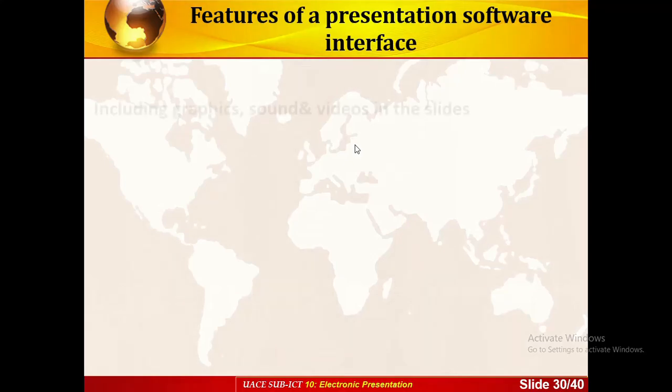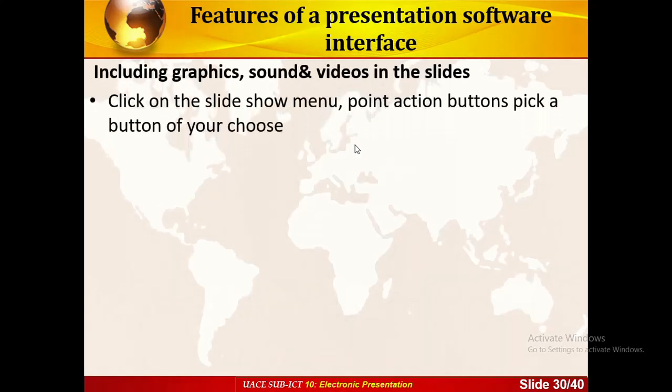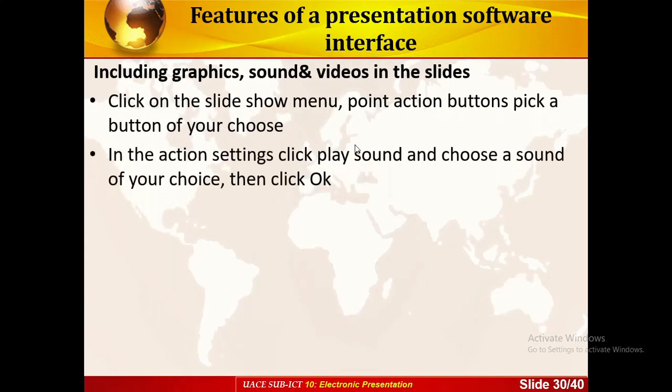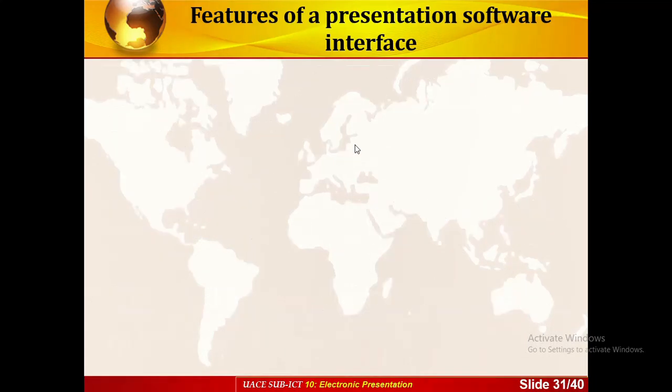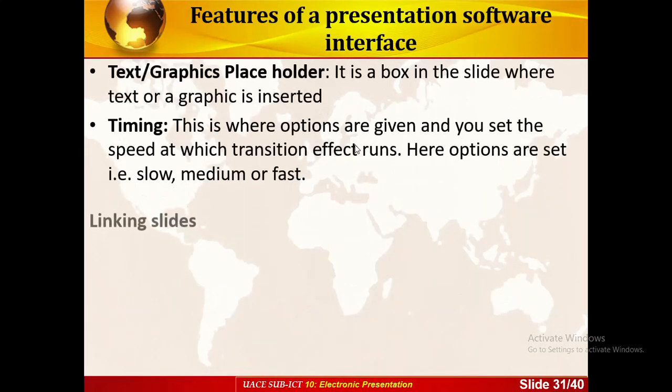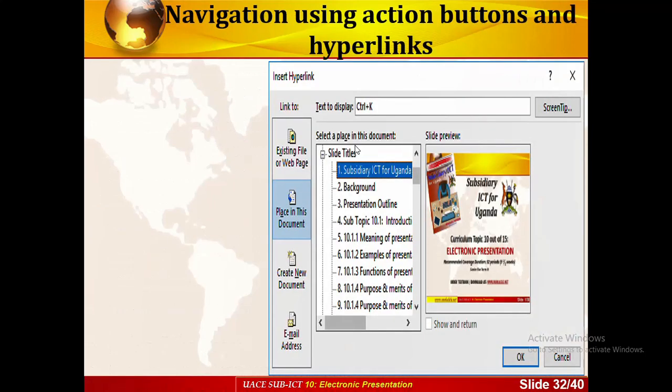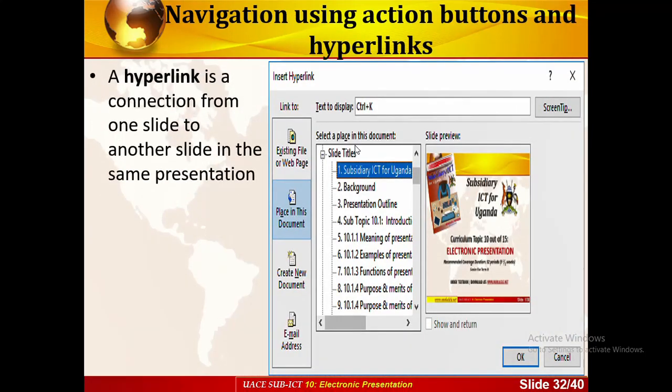Next is inserting graphics, which is how we insert graphics, pictures, or shapes. Then we have linking slides. Of course, we have to link slides so that they can easily move from one slide to another. We go to hyperlink.